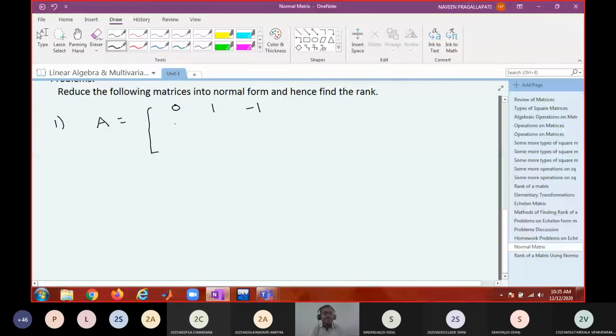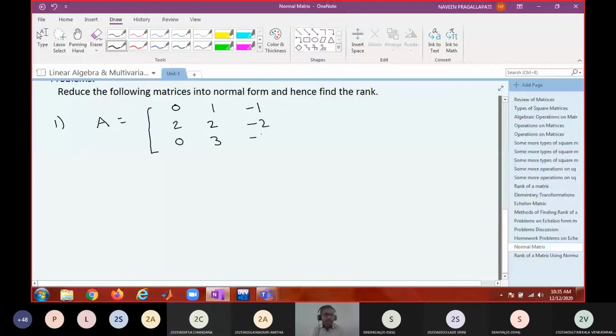Next row? 2, 2, minus 2. Next, 0, 3, minus 3. Then 0, 3, minus 3. Last row: 1, minus 2, 0. Okay, right.